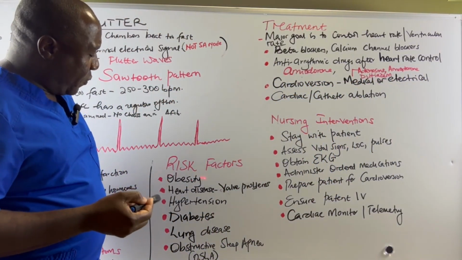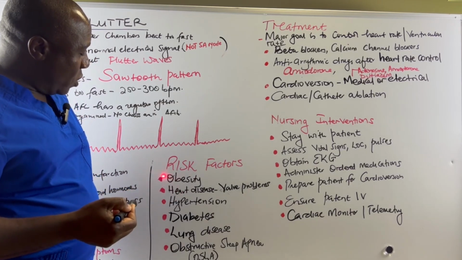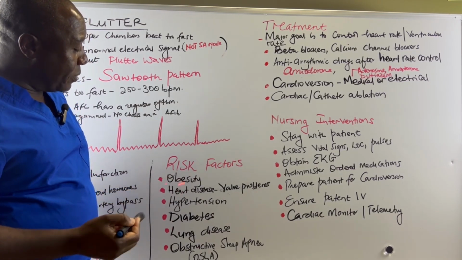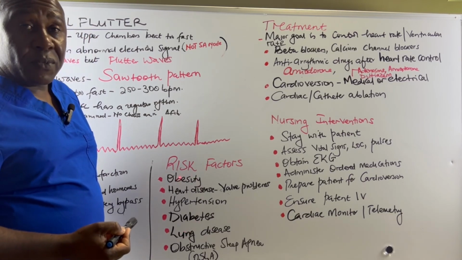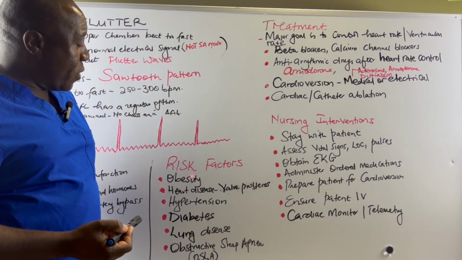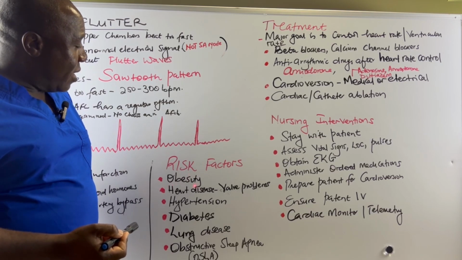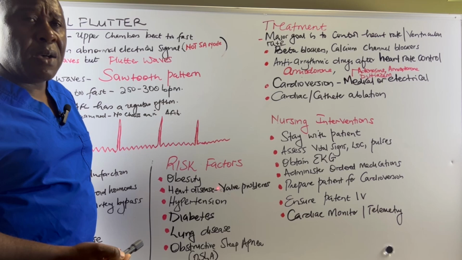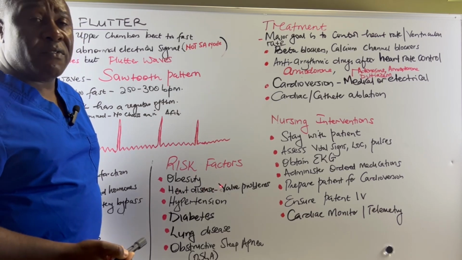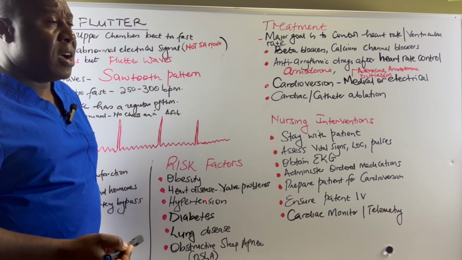What are the risk factors of atrial flutter? We have those factors that can predispose a patient to atrial flutter. We have obesity, which is excessive weight, so we have to take care of our weight. We have heart diseases, like valvular problems, such as a mitral valve problem or mitral valve prolapse.